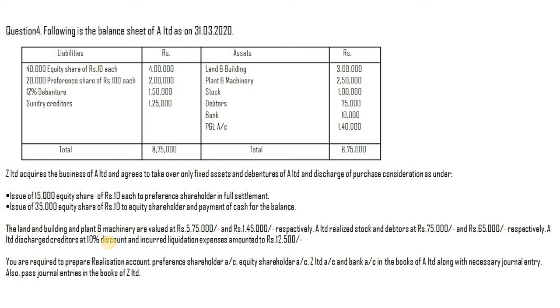It is not necessary that all the assets will be taken over by Z Limited. It may say that I will take only fixed assets and I will not take current assets. Or it may say I will take current assets but I will not take fixed assets.